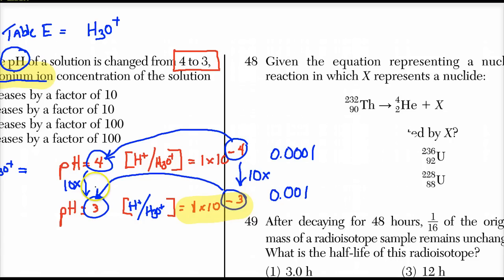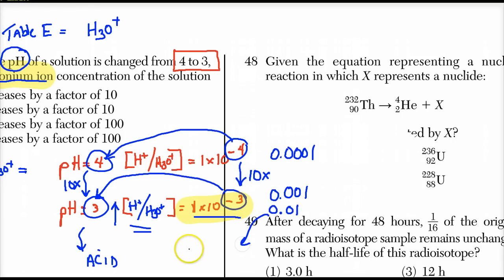Your pH number is getting smaller as you get more acidic, because if these concentrations increase in size, the negative exponent gets smaller. So as this number gets bigger, let's pretend it gets bigger again, 0.01.